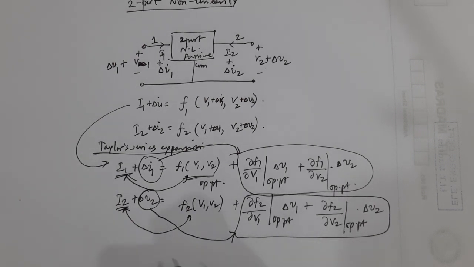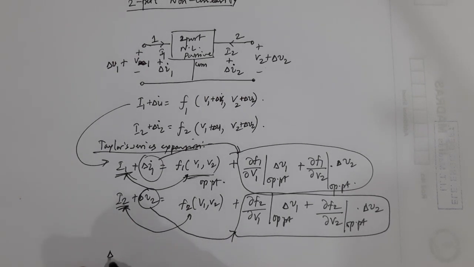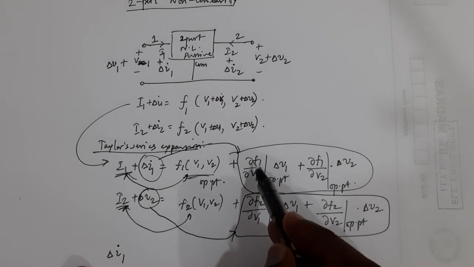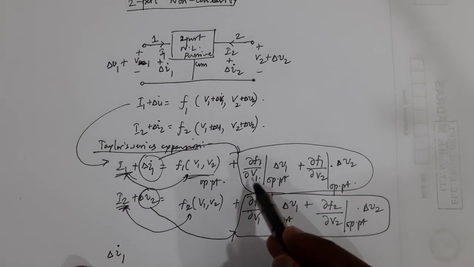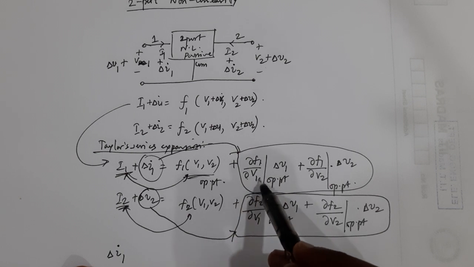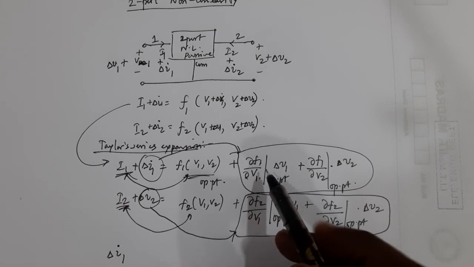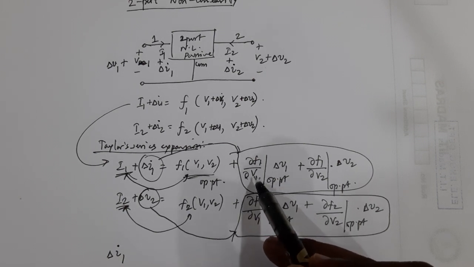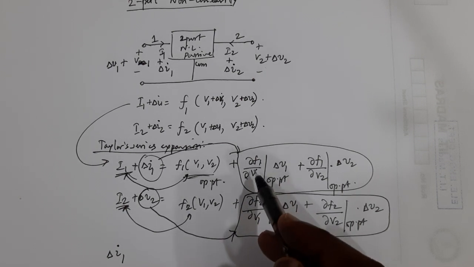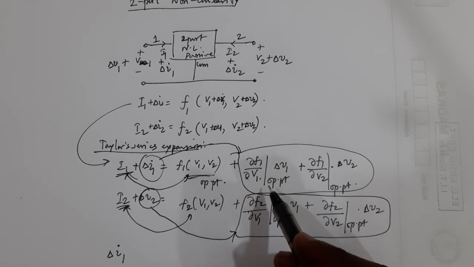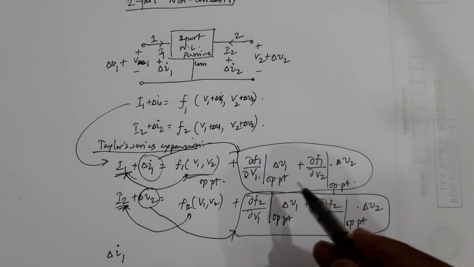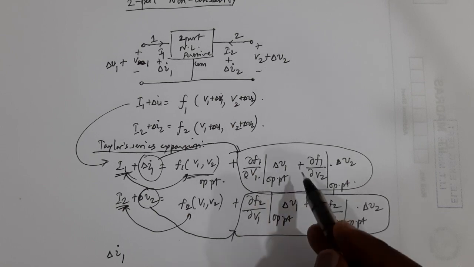So what does it mean? The derivative of this function with respect to v1, I know this is going to be a constant, right? Because if you take the slope of any non-linear function and find the slope at that particular operating point, it is going to be a constant.